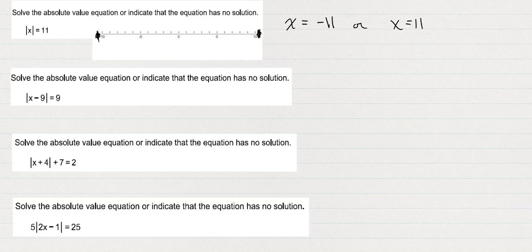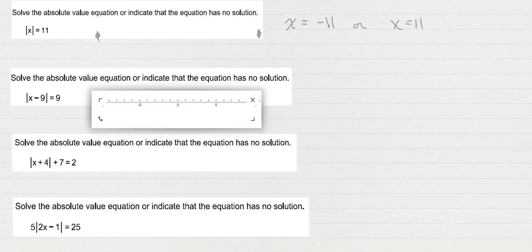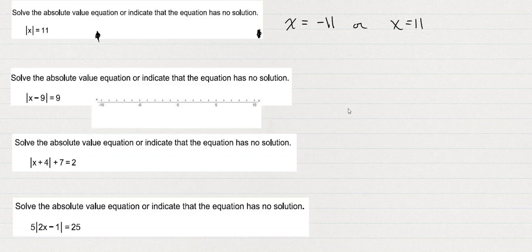We get a little bit more complicated when we have an absolute value of x minus 9 that equals something like 9 in this case, but it's the same idea. So if we process through this by understanding what absolute value means, we know that the absolute value of x minus 9 means the distance this expression x minus 9 is from 0 is either negative 9 or 9.